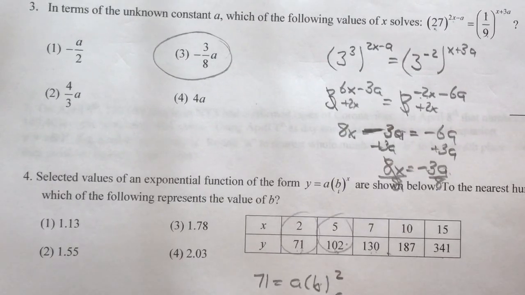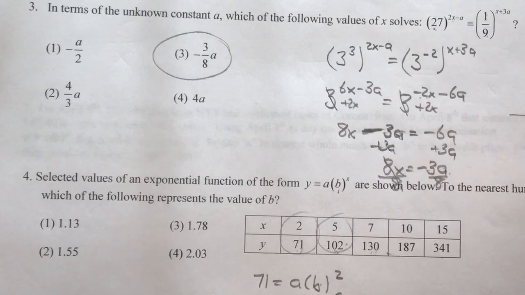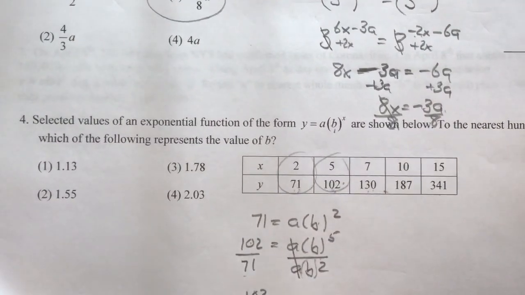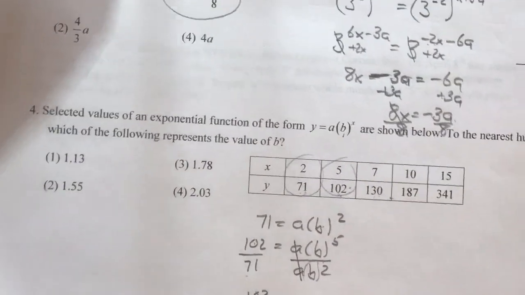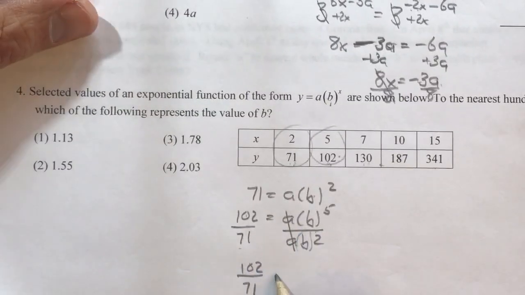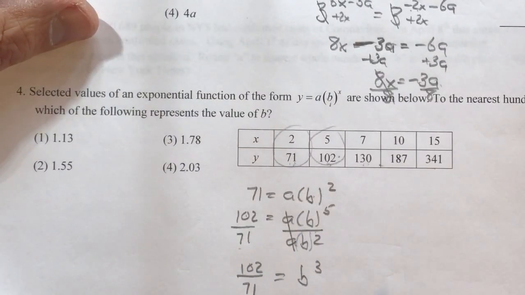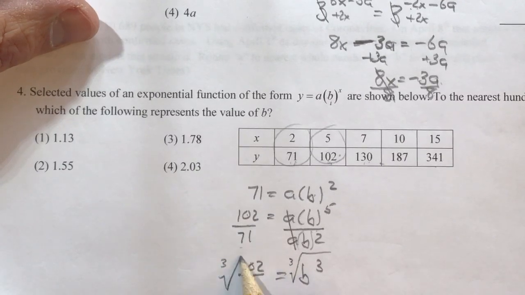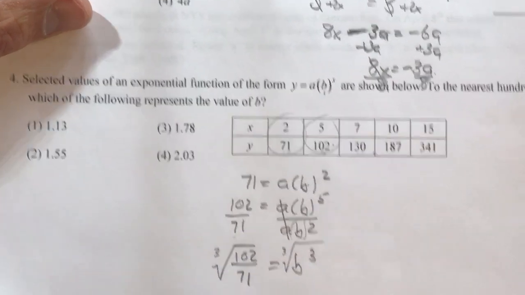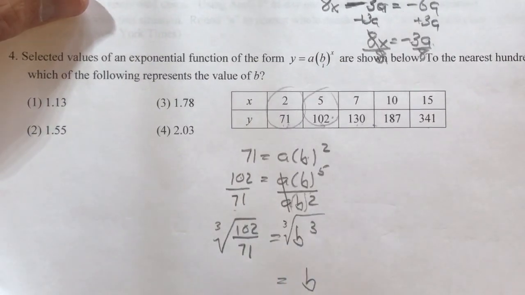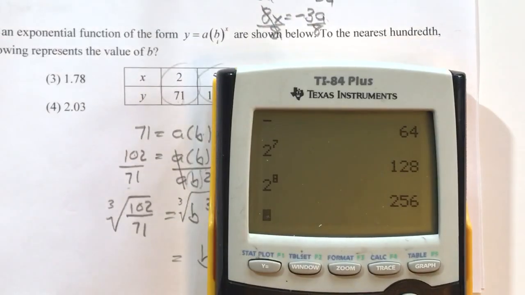To eliminate a. I don't know what that is, so I'm just going to leave it as a fraction. Over here I have b to the 3rd power, so now I'm going to take the cube root, and when I do that, I get b by itself. So the cube root of 102 divided by 71 is what I want.